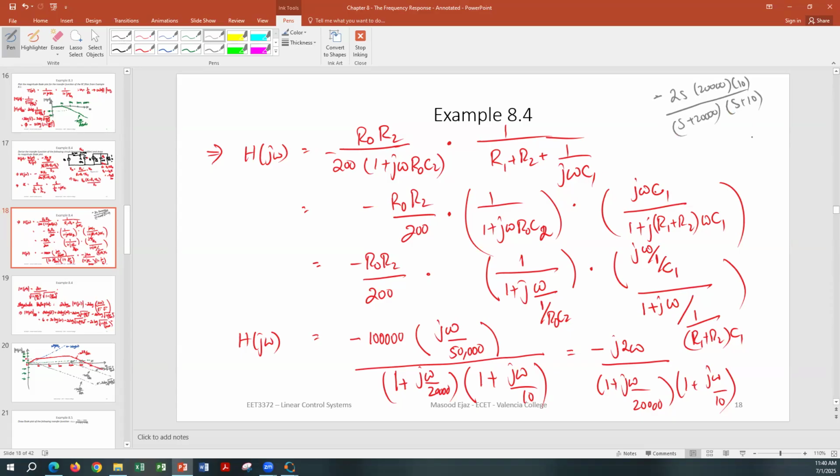So that will be the equation for the system. 2s times 20,000 times 10, so 40,000 times 10, 400,000 s. The negative sign doesn't matter because you're doing the magnitude. 400,000 s over (s plus 20,000) times (s plus 10). That's your transfer function, if you replace j omega by s, that is.